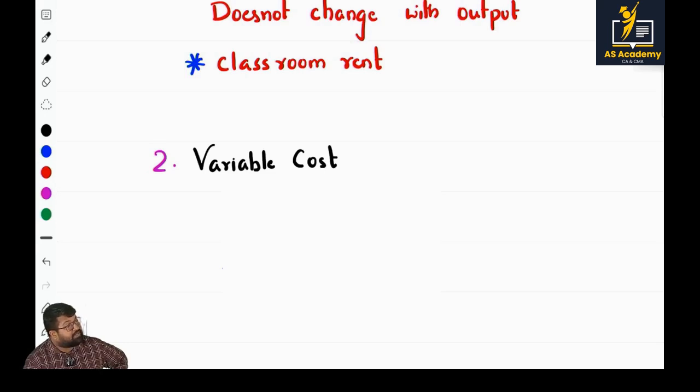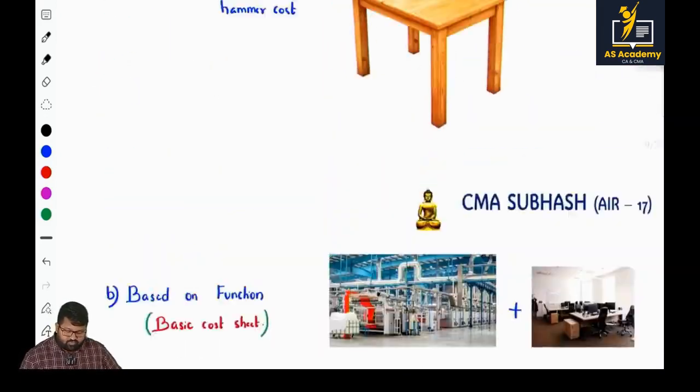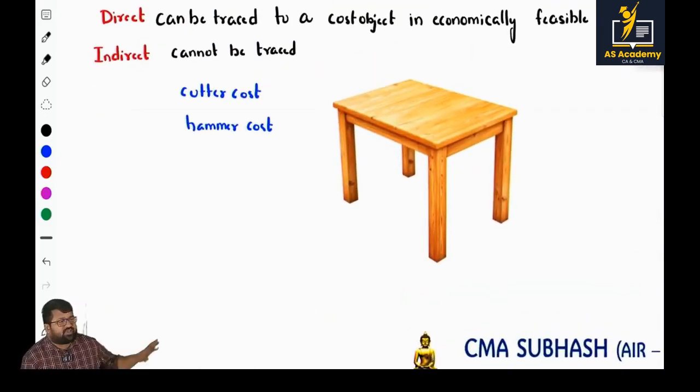What about the printer charges? Yes. Printer usage. If the students are increasing, printer usage also will increase. So it is fixed or variable? Variable. Sir, in the case of an organization, if you see the furniture example, basically raw material of furniture, that is wood, is it fixed or variable?